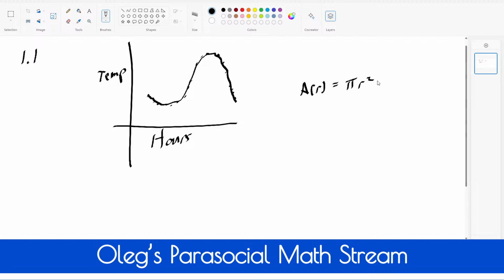So this formula right here is the area of a circle. And if you wanted to know the circumference, it's diameter times pi. So this is area, and this is circumference.